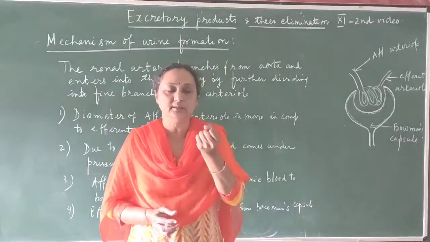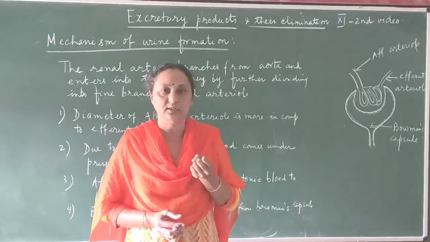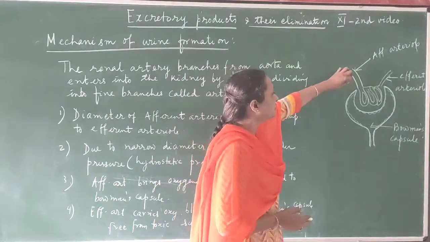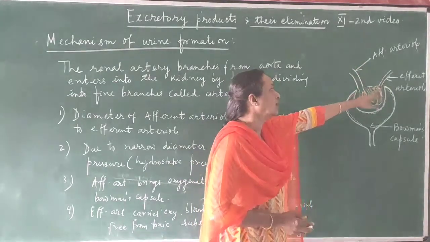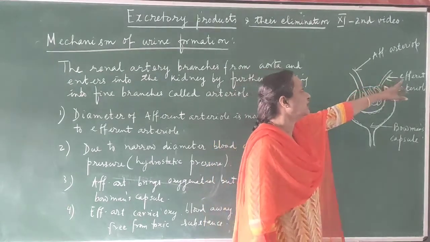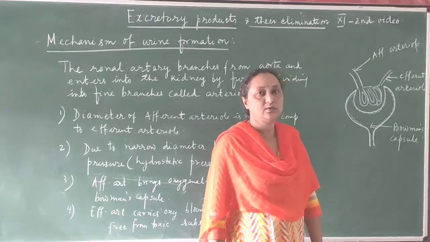A glomerulus is a bundle of capillaries, and what is this bundle of capillaries made from? From arterioles. The arteriole which is entering the Bowman's capsule is called the afferent arteriole, and the arteriole which is leaving the Bowman's capsule is called the efferent arteriole. Now what is the difference between these two arterioles?